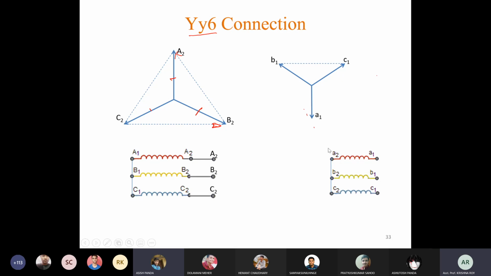And in case of low voltage side, now the output terminals are A1, B1 and C1, and these are the output terminals and the neutral point. Is it clear? Yes, sir. Any question?